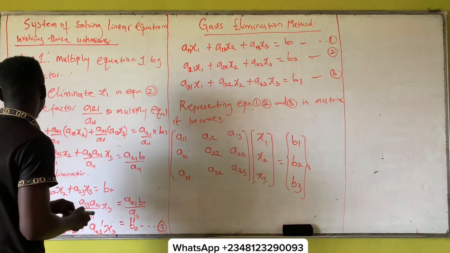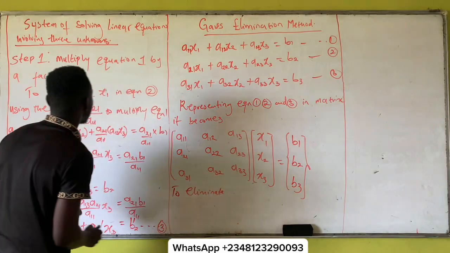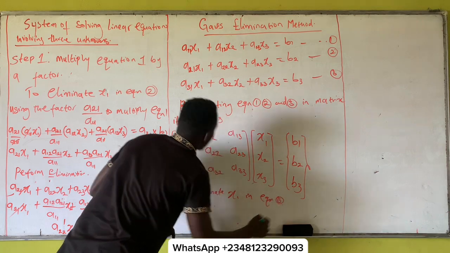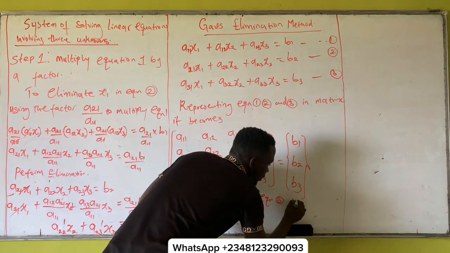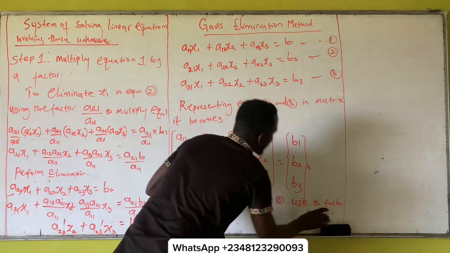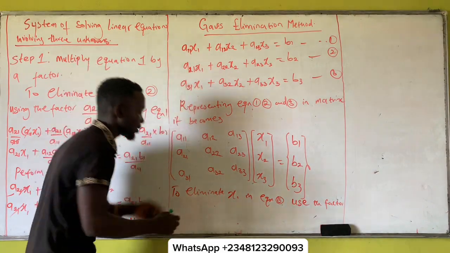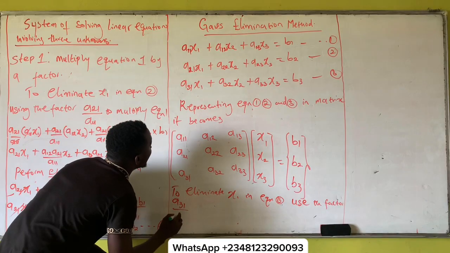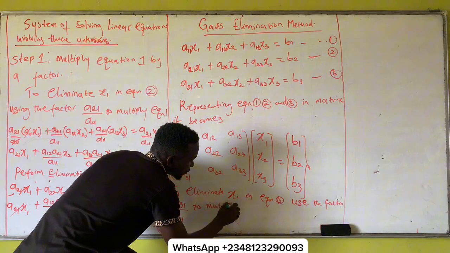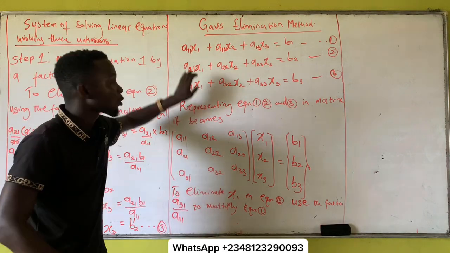To eliminate x1 in equation 3, use the factor A31 over A11, the coefficient of this over the coefficient of this, to multiply equation 1.